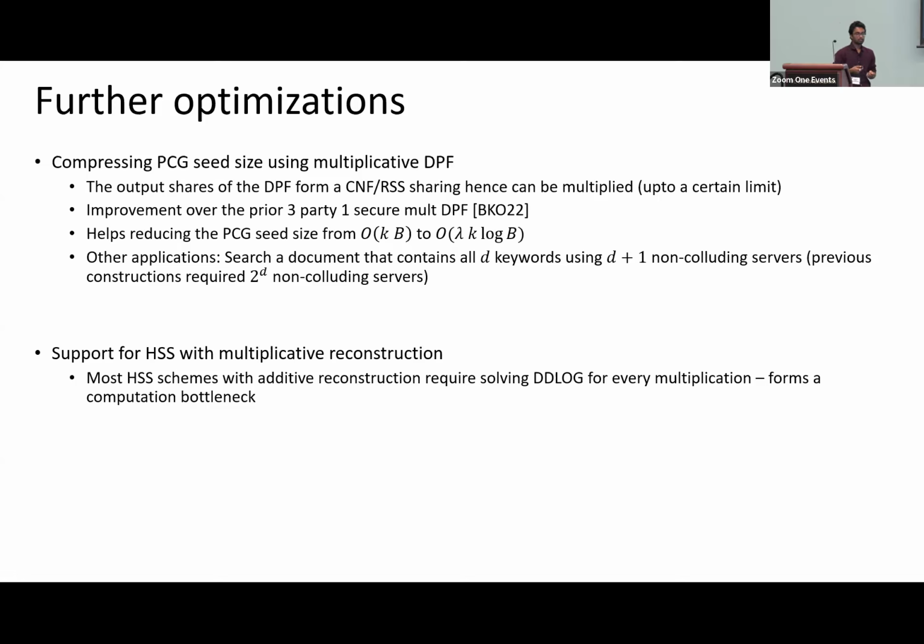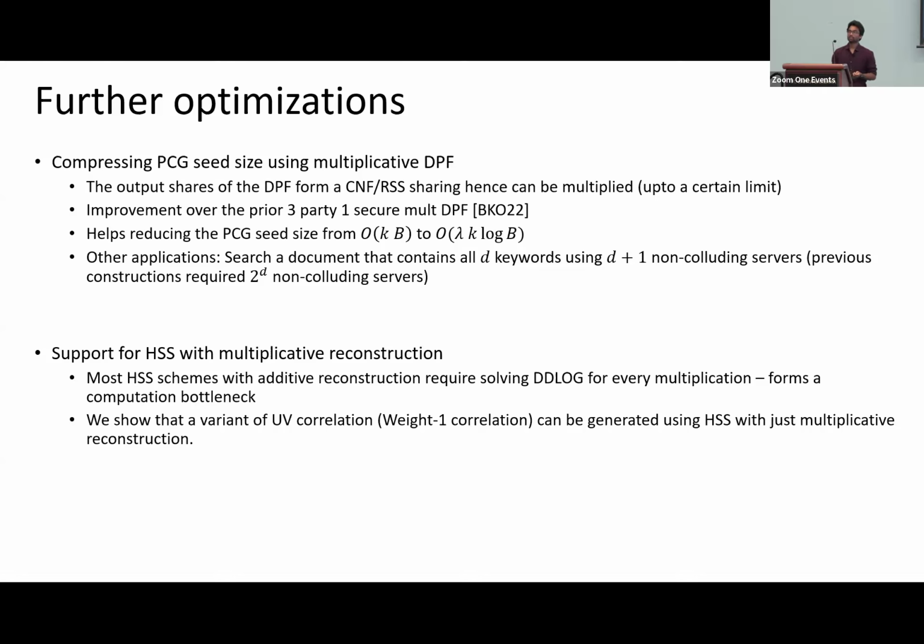And our approach can also support HSS with just multiplicative reconstruction. So note that in the literature, many HSS schemes with additive reconstruction require solving distributed discrete log, which forms a computational bottleneck. And we show that a variant of UV correlations where the non-zero entry is a random weight instead of just being 1 can be generated using HSS with just multiplicative reconstruction.